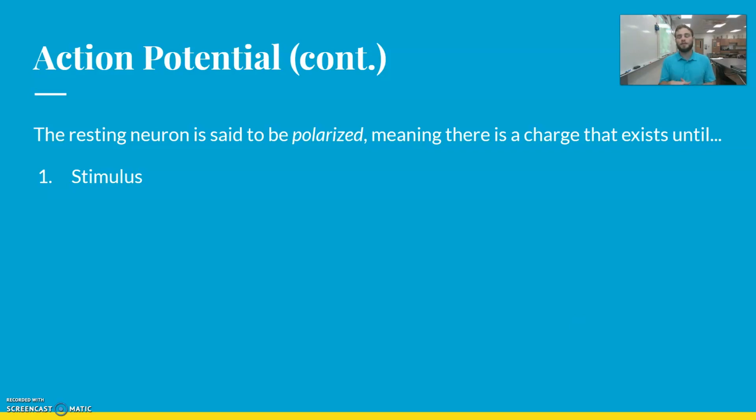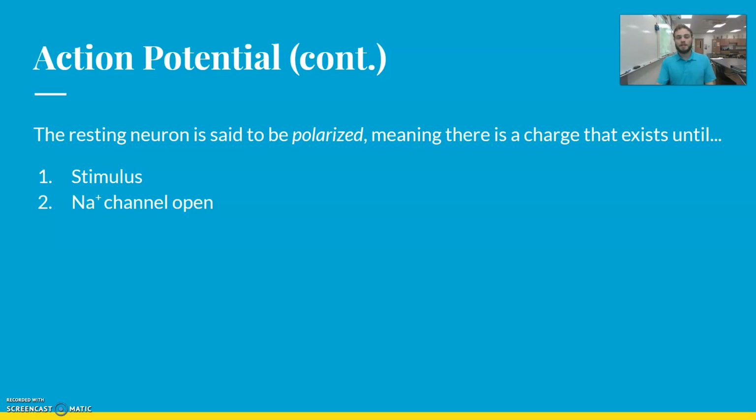You might have some free dendritic endings in your skin that, if they're a thermoreceptor, might be receptive to changes in temperature. They might be an encapsulated ending, so they're going to be looking for things like touch and pressure on your skin. Whatever it might be, there is some sort of stimulus.